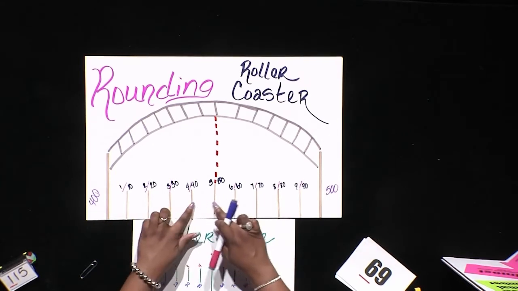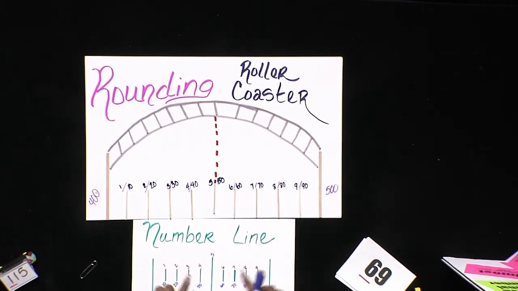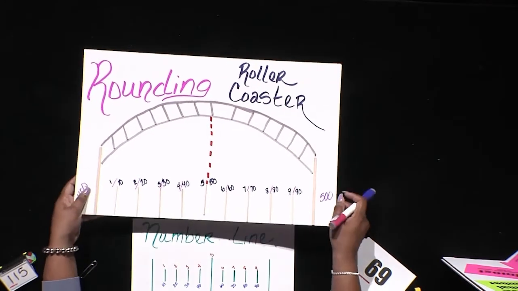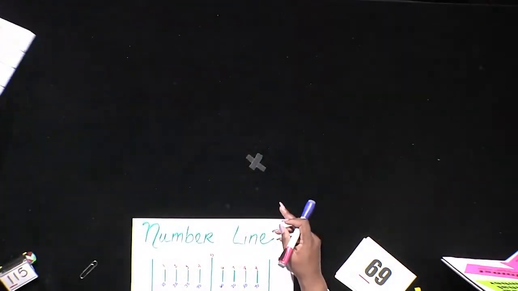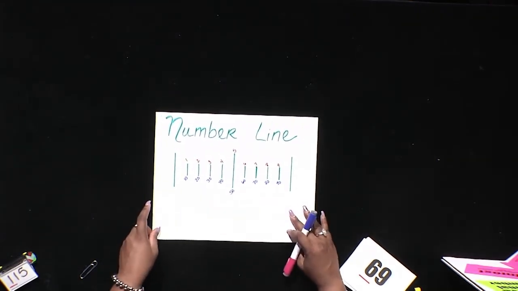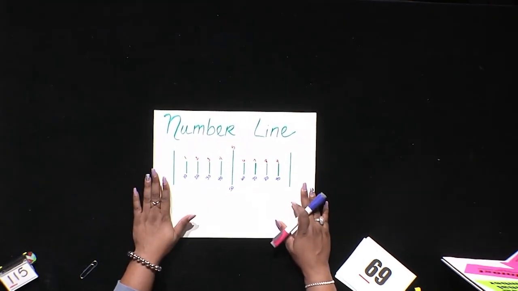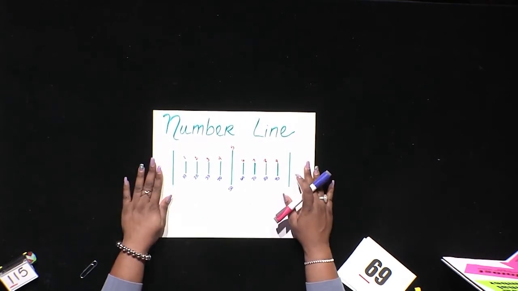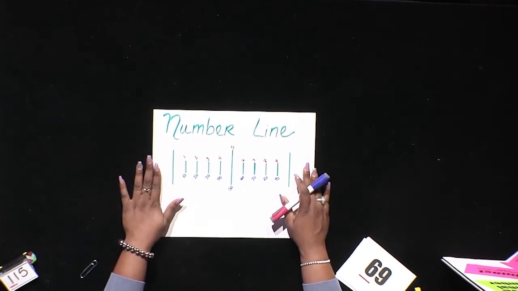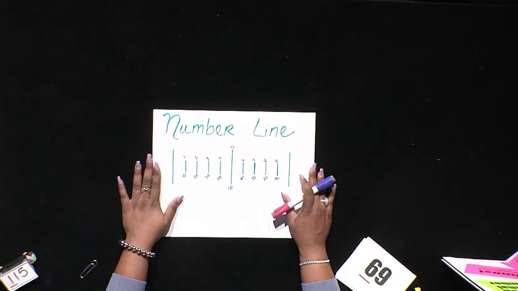What is this? Good. It's a number line. So what I'm going to do is move my roller coaster and bring in a number line. And a number line is something quick and easy that you can jot down on your scratch paper to help you figure out how to round.